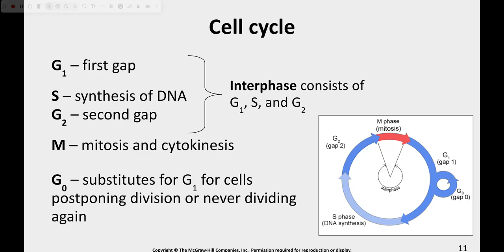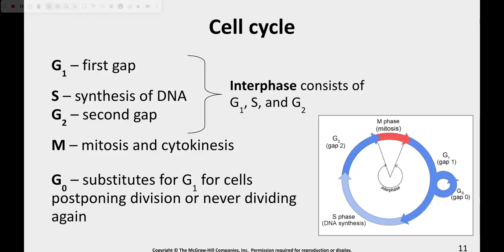It could be that we have a cell that isn't going to divide. Maybe it's never going to divide. Maybe it's not going to divide right now. So it does not need to go through interphase and the M phase. Instead, it's going to hang out in what's called the G0 phase. This G0 phase is kind of this offshoot right off of the G1 phase.